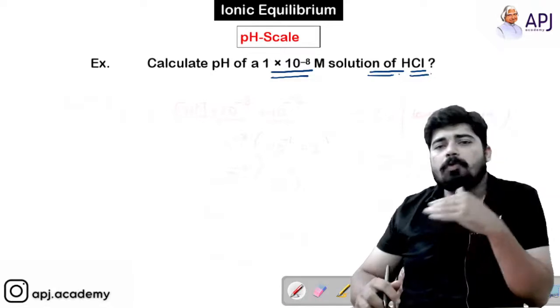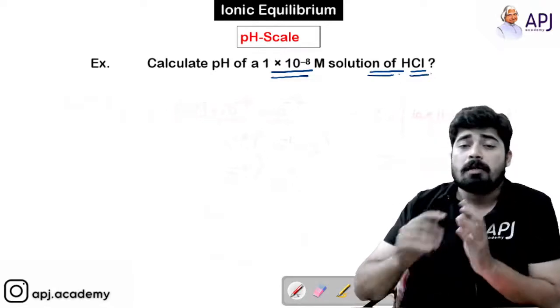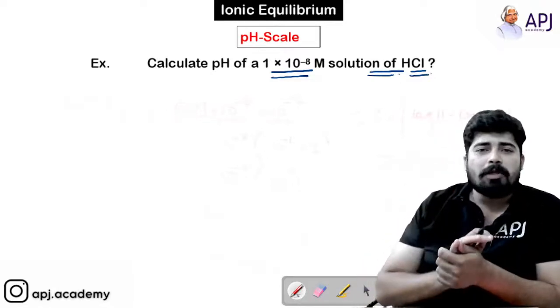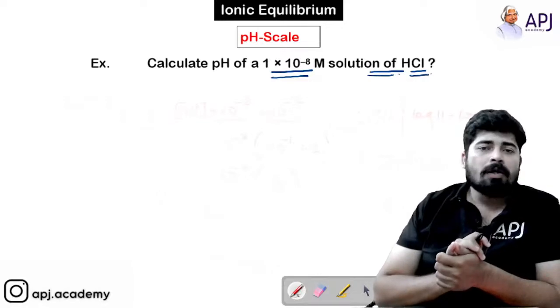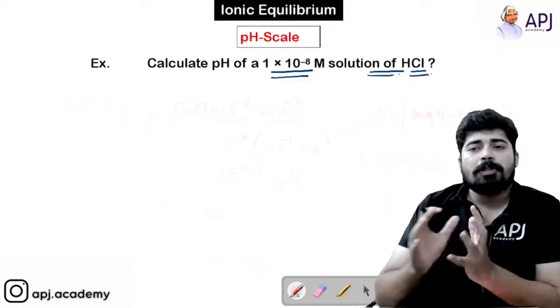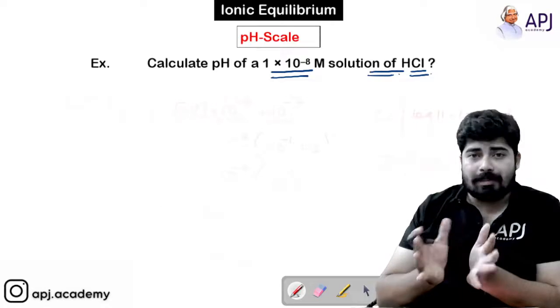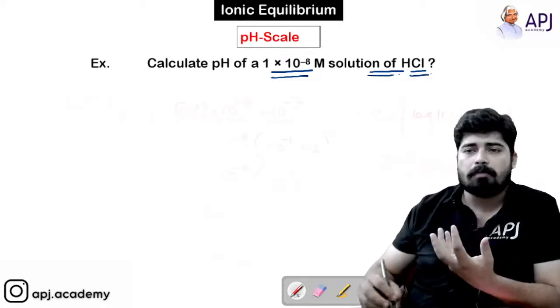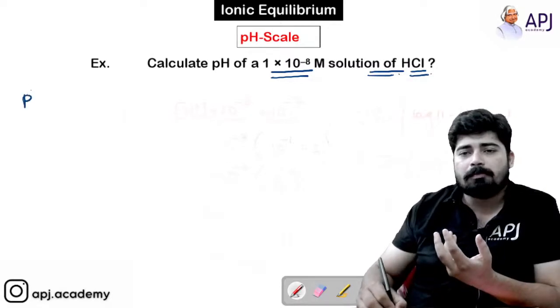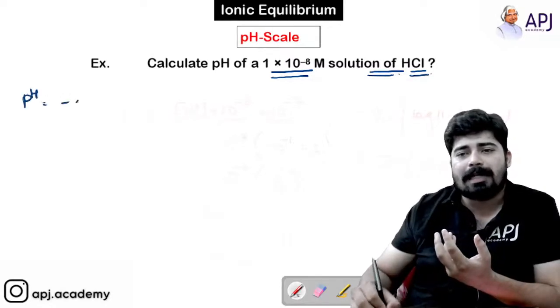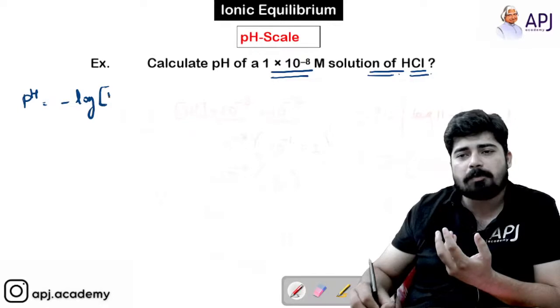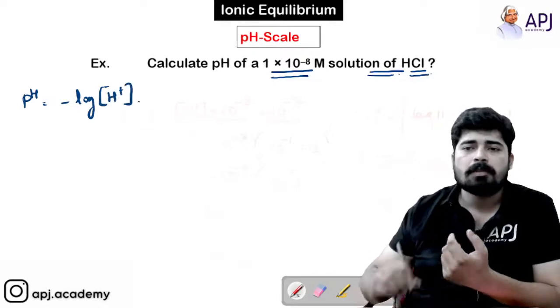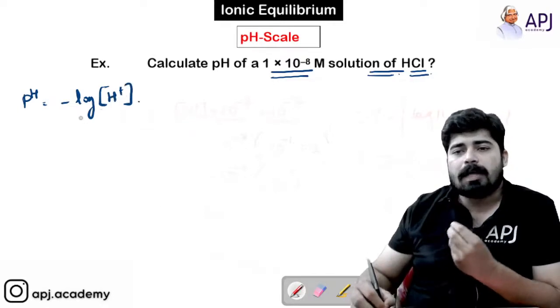So students, how do you have to calculate the value? Before going into this, I am going to teach you a trick on how to do the numericals with regards to logarithm. Because here we are using log, because you know that pH is the negative logarithm of H plus concentration. So first of all, I have to teach you how to calculate in log.